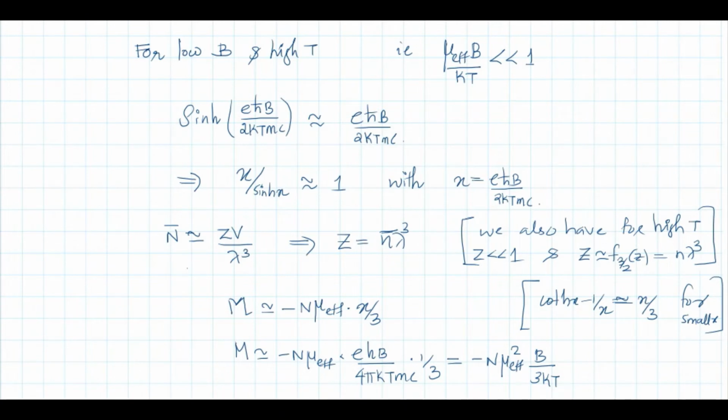Now the magnetization, net magnetic moment m is equal to minus n mu effective into x by 3. In this range, for low B and high temperature, x is very small, so coth x minus 1 by x becomes approximately x by 3. You substitute for x, and we will get the final answer as minus n into mu effective square B divided by 3 kT.